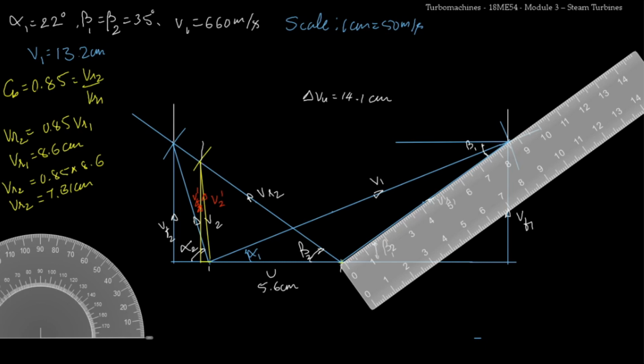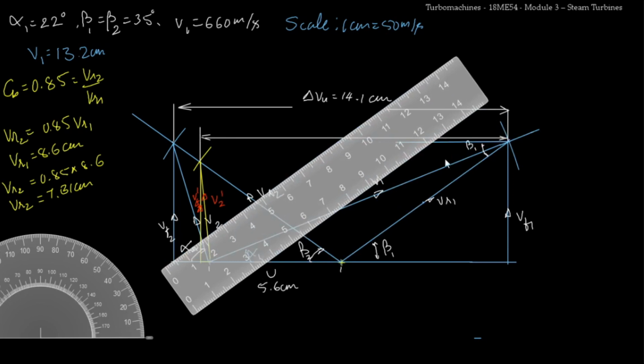So from here I'll draw a vertical line. So this was delta VU for the first case. Now this will be our delta VU for the second case. So I have to measure this. I'll take this ruler again.